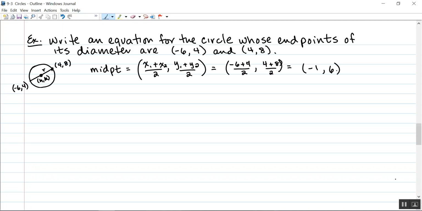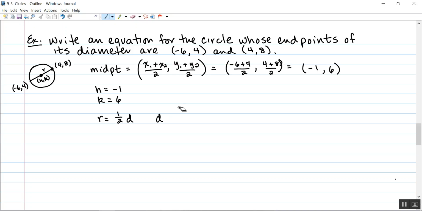So that's my center. h is equal to -1 and k is equal to 6. Now to find the length of the radius, I'm going to want the length of half of the diameter. So the radius is going to be half of the diameter. To find the diameter, I'm going to use the distance formula.